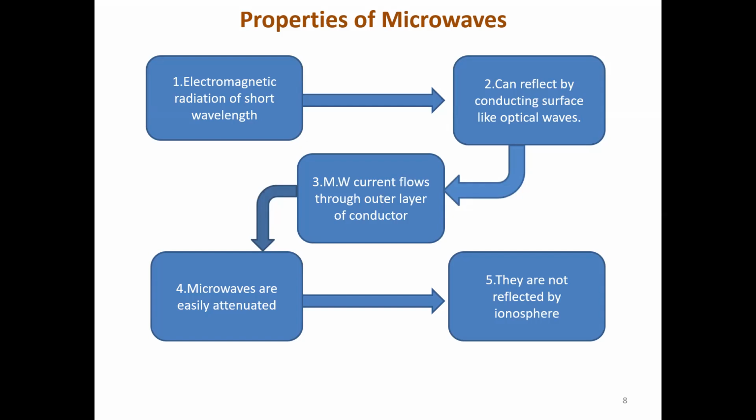It can be reflected by conducting surfaces like optical waves, like light. And microwave current flows through the outer layer of the conductor.